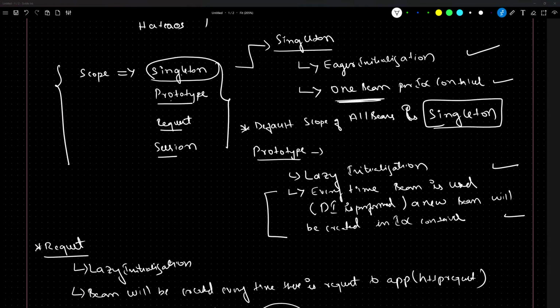We don't usually change it. Going forward, I might use some of these, but not everyone will. Hardly we might use the prototype, because you don't want to create the beans unnecessarily.